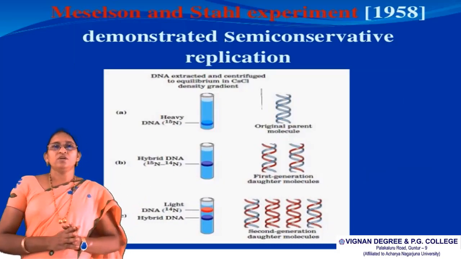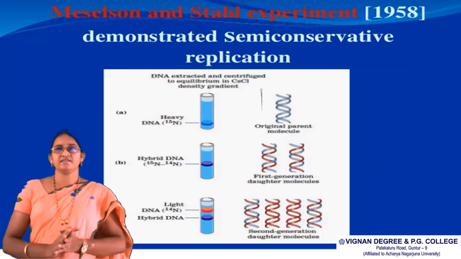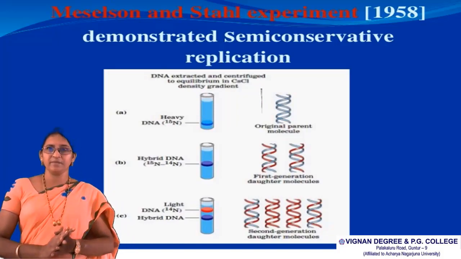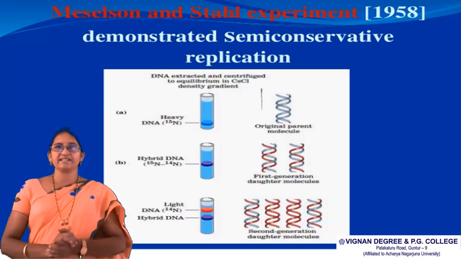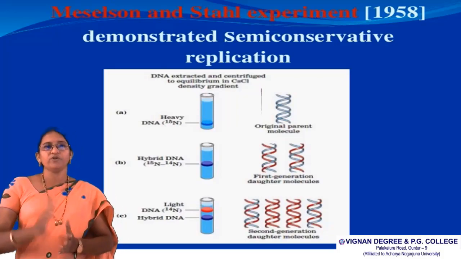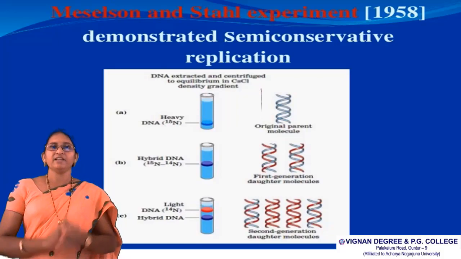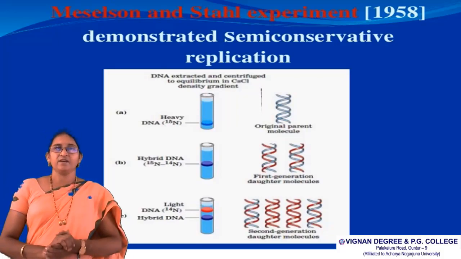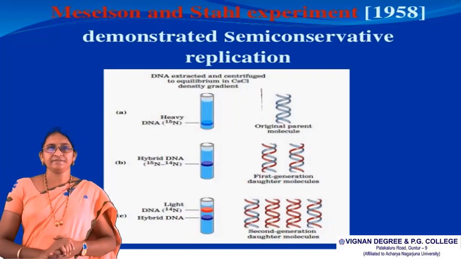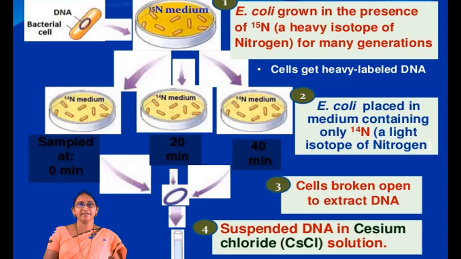Now the proof for this semi-conservative replication, that means each strand in DNA acts as a template to produce daughter DNA, was given by Meselson and Stahl in 1958. They began the experiment with the Escherichia coli bacterium and allowed it to grow in nutrient broth containing the heavy isotope nitrogen-15.